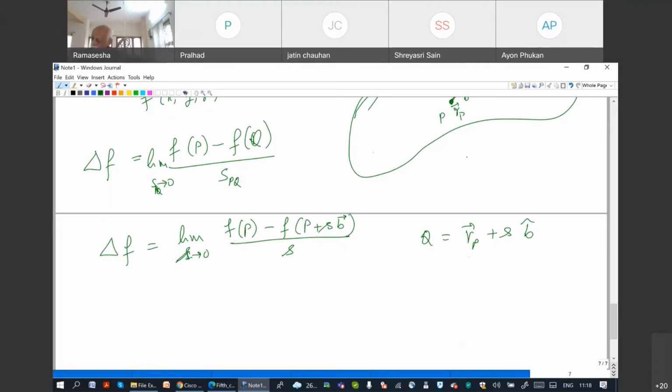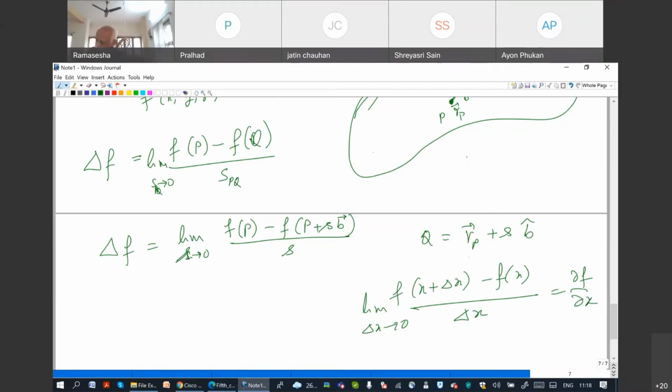I could not understand why we are dividing by S. What is the differential? F of X plus delta X minus F of X divided by delta X is the differential, right? That is delta F by delta X. This is for change along the X direction, right?